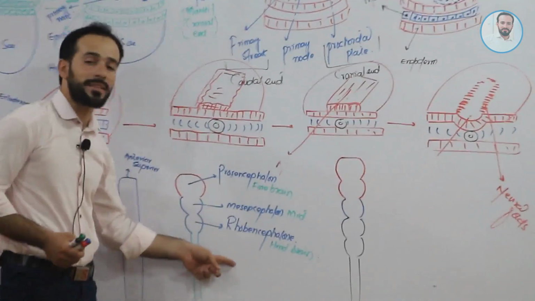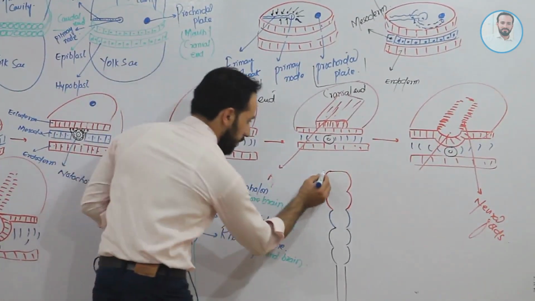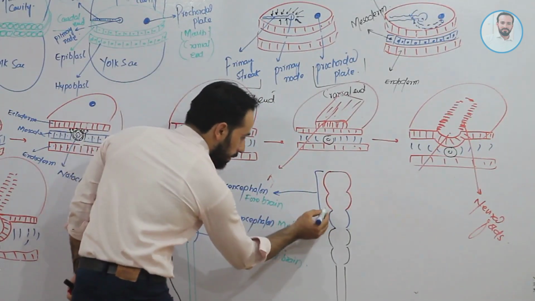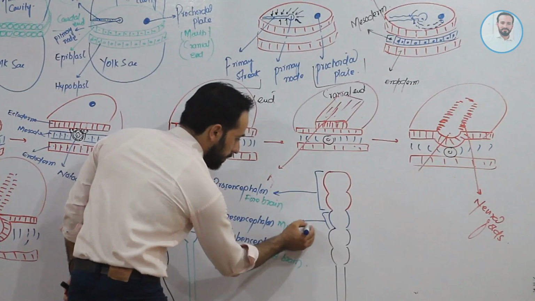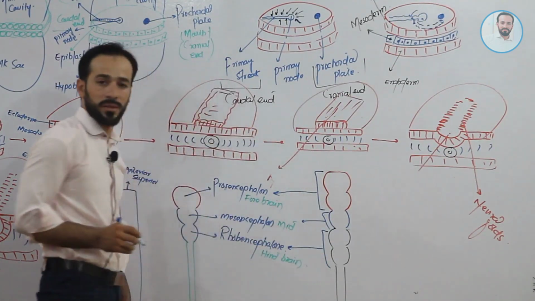So these 3 swellings have been converted into 5 swellings. This was our prosencephalon, this was our mesencephalon, and this was our rhombencephalon.